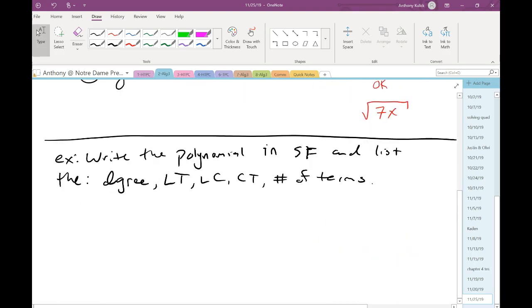So for this example, we're going to put the polynomial in standard form and then list the degree, the leading term, the leading coefficient, the constant term, and the number of terms.